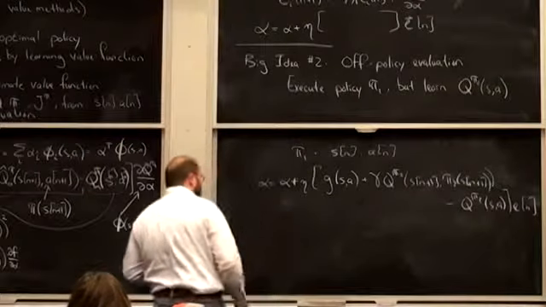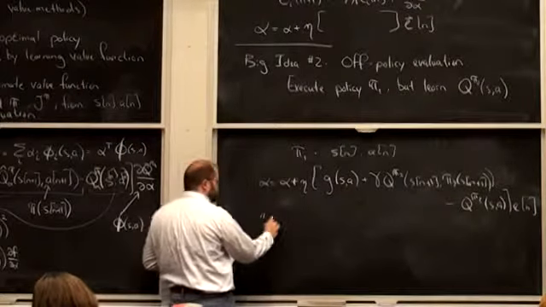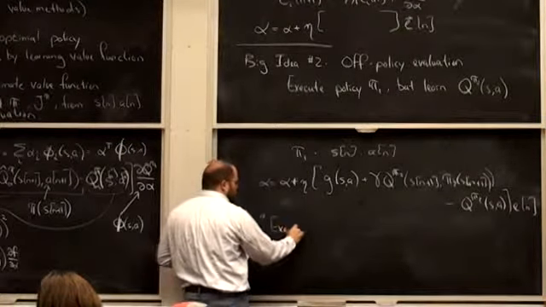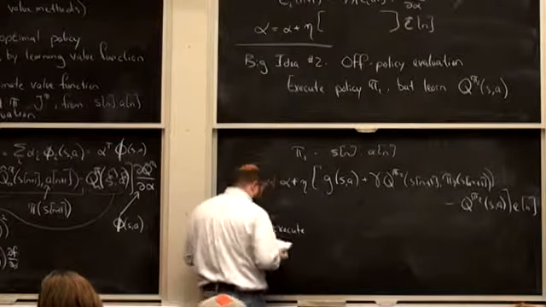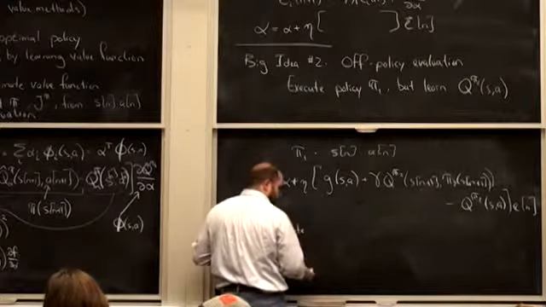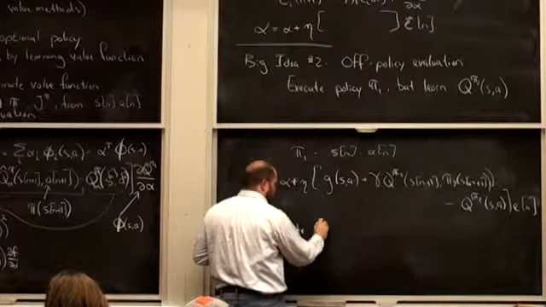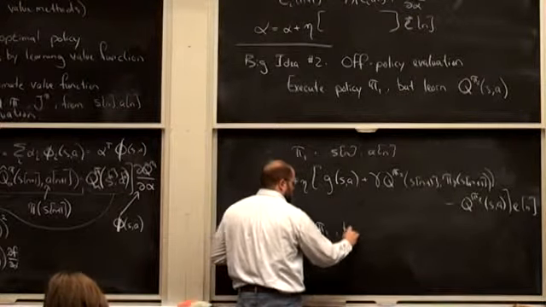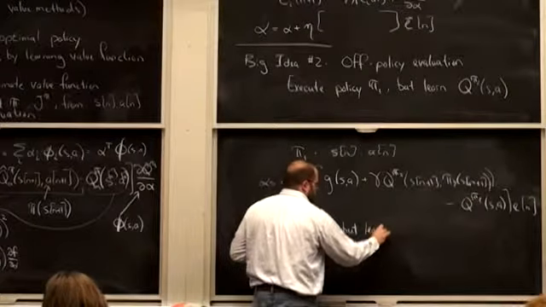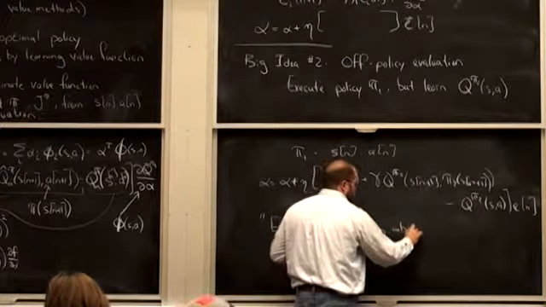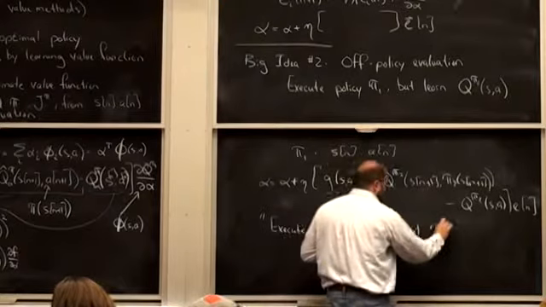and the way you might describe it is, let's execute, I'm putting it in quotes because it's not entirely accurate, but it's the right idea. Execute policy 1, but learn about the optimal policy.